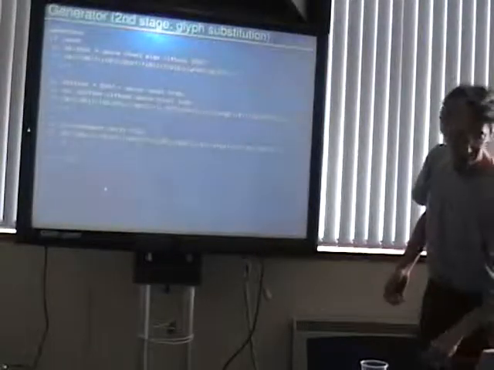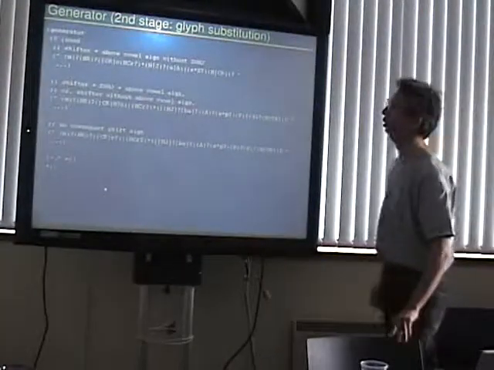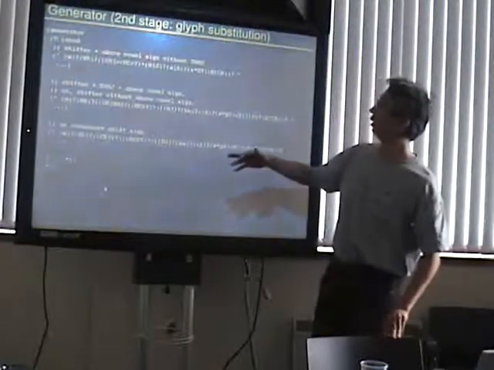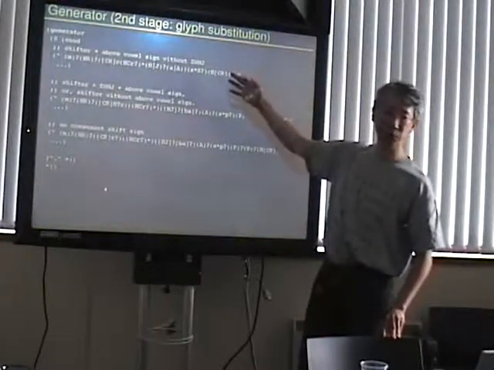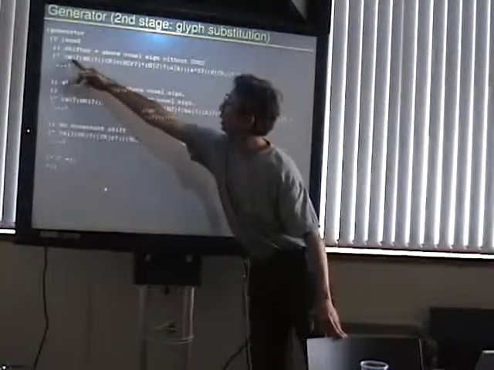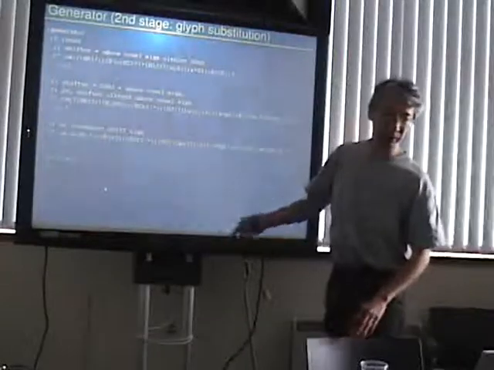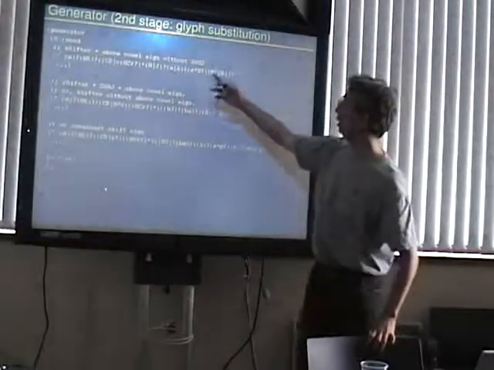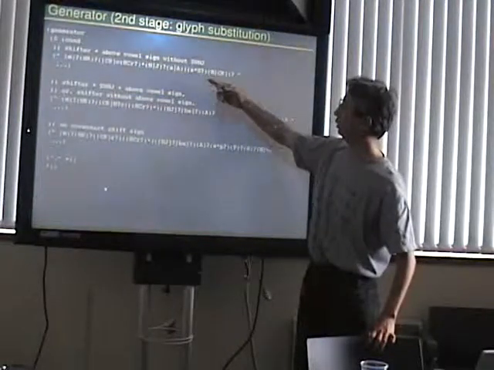The next stage is the substitution, and we have this code. In this stage also, we use the same category table. So M has the same meaning as in the first stage. Then here again, we have 3 patterns.